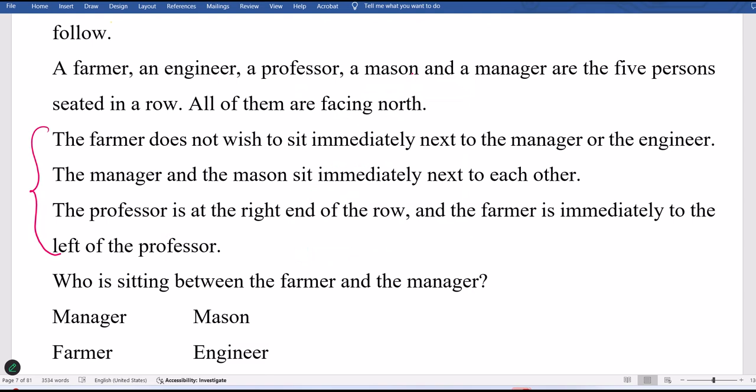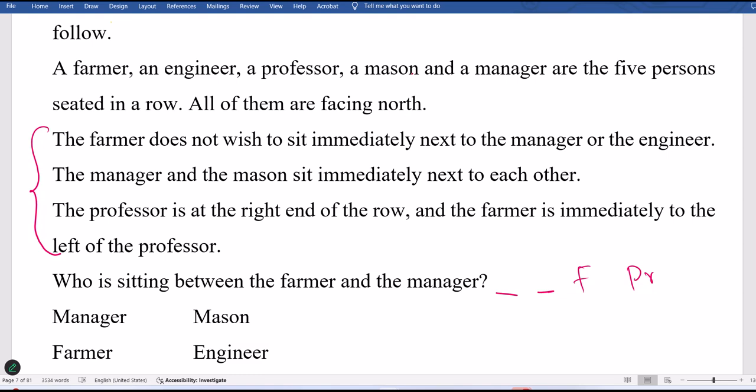They are neighbors, but who is left and who is right, we don't know. Professor is at the right end. Farmer is immediately left of the professor. Farmer does not wish to sit immediately next to the manager or the engineer.